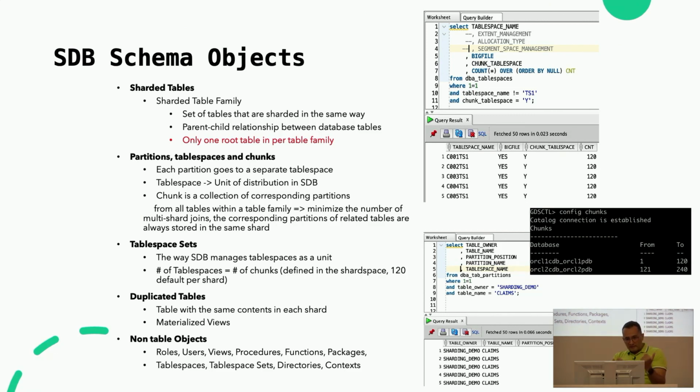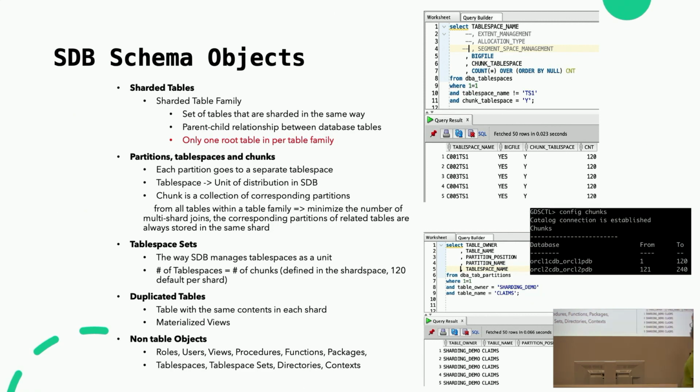And we can have another table family called, let's say, orders, stored on another tablespace set. But if they share elements between them, and we want to replicate them and have consistency between them, then we have to store them physically on the machine itself in the same chunk. And that's why chunks were invented.